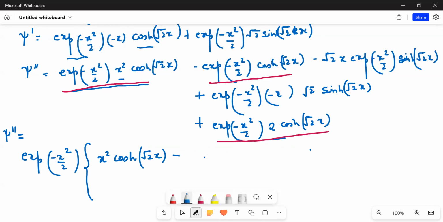Now I'm just writing the remaining terms. In the bracket, I will simply have cos hyperbolic root 2x, and then there is a bracket here as well. Minus root 2x is here, minus root 2x is here, so I think I should write minus 2 root 2x.